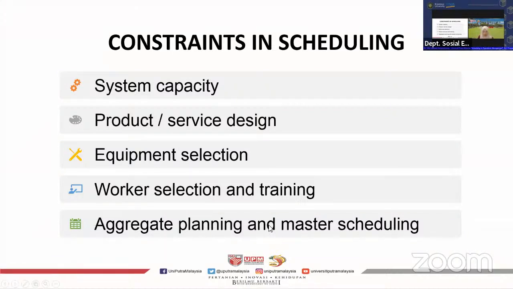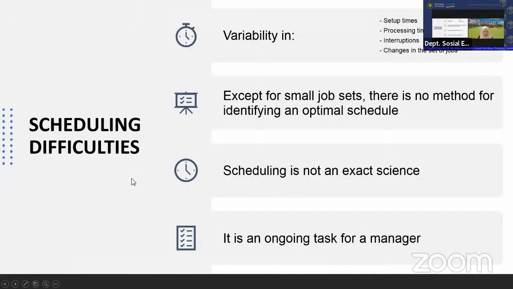And then you need to have worker selection, high skill, semi skill, full skill workers, and the training. You need to give them training. Okay, and then constraints in scheduling: aggregate planning and master scheduling. You need to have a master schedule to refer to. Everybody can refer to this master schedule, right? Okay. This is constraints. So this is scheduling difficulty.